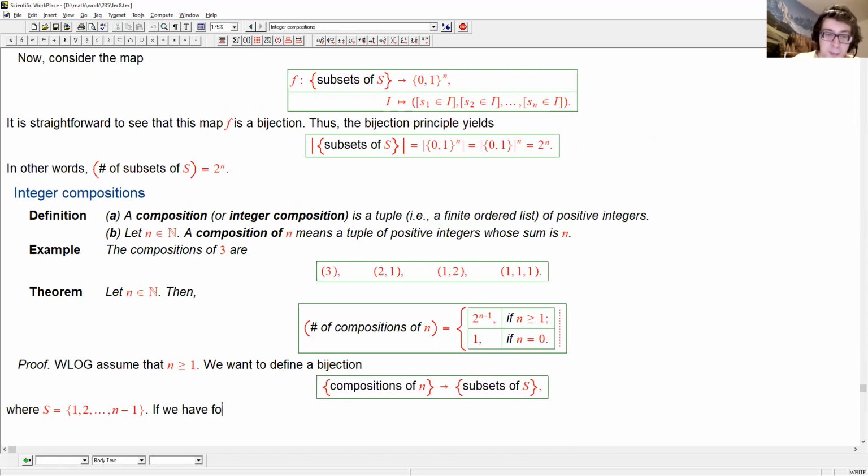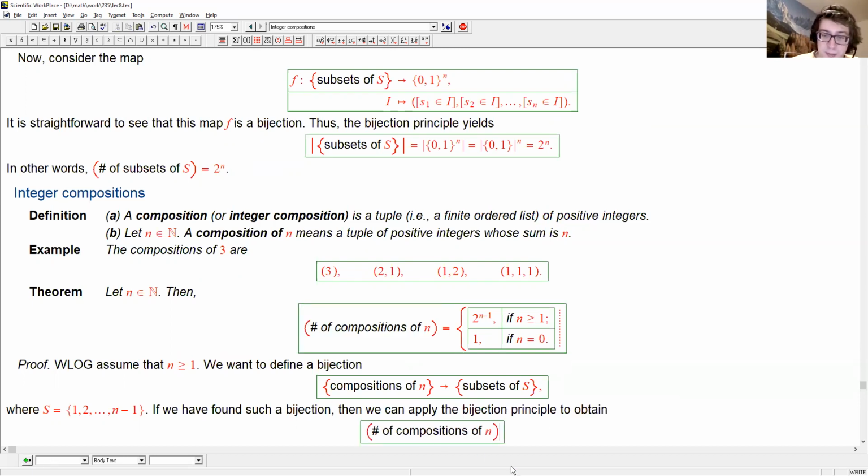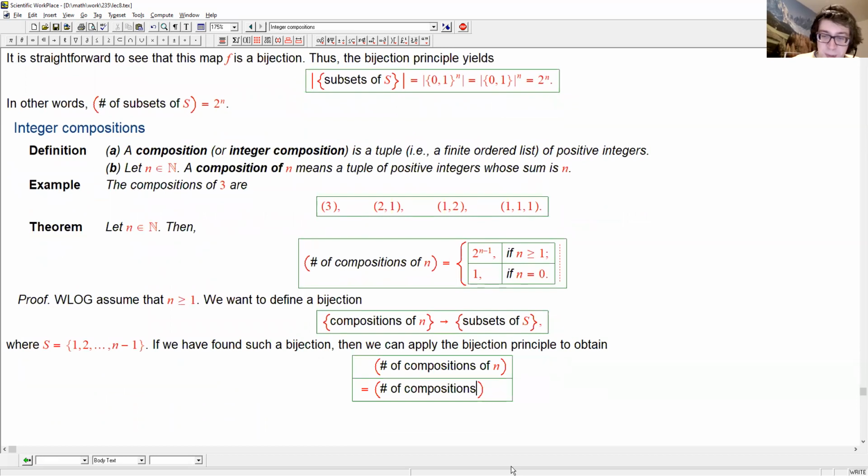If we have found such a bijection, then we can apply the bijection principle to obtain that the number of compositions of n equals the number of subsets of S, and this is 2 to the n minus 1 by the previous theorem, since S is an (n minus 1)-element set.